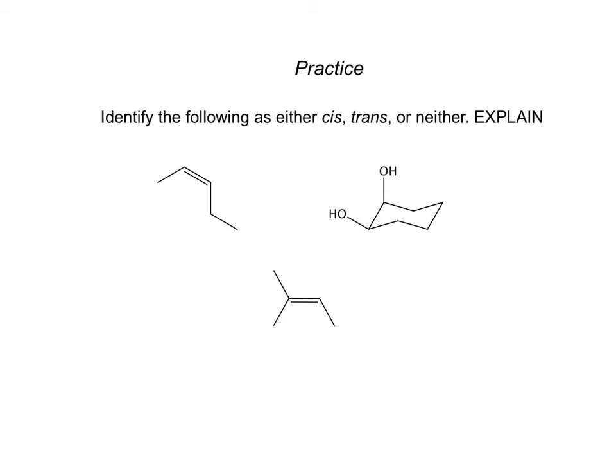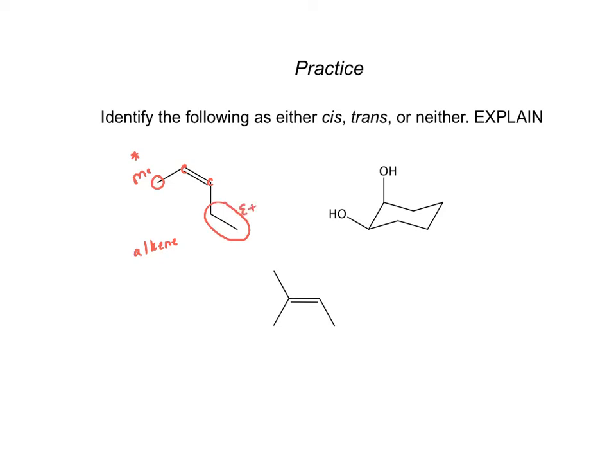Okay, so I'm going to start with this first molecule to the left. All right, so we have an alkene. This is a carbon-carbon double bond, all right? And when we're looking at cis-trans stereoisomerism in alkenes, we're looking at comparing where the same group is on the other side of the double bond, right? So for example, right now we've got our carbon here, we've got our carbon here. The groups that we have attached are a methyl, and here we've got an ethyl.